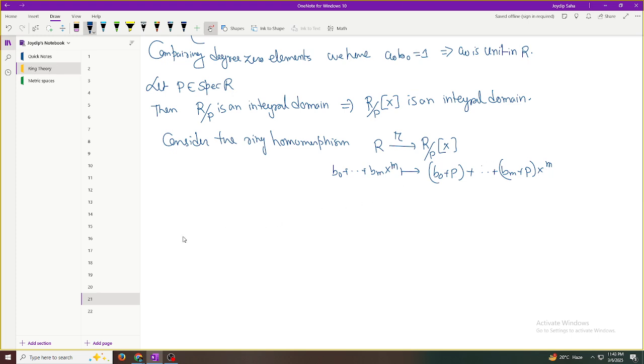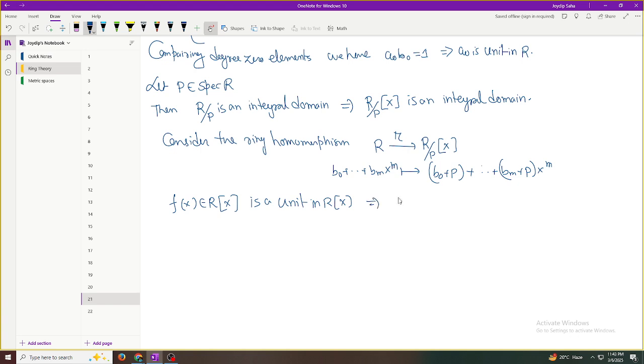Now under the homomorphism unit goes to unit, because 1 goes to 1. f(x) belonging to R[x] is a unit in R[x].